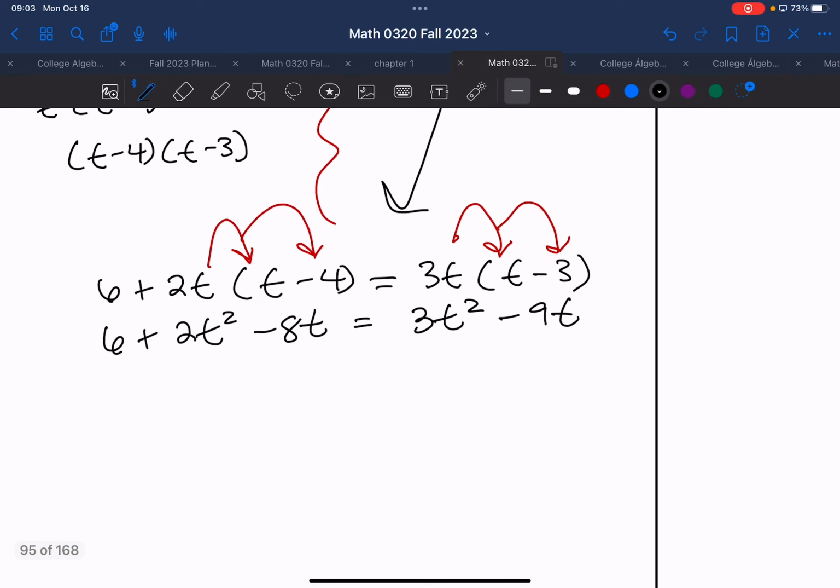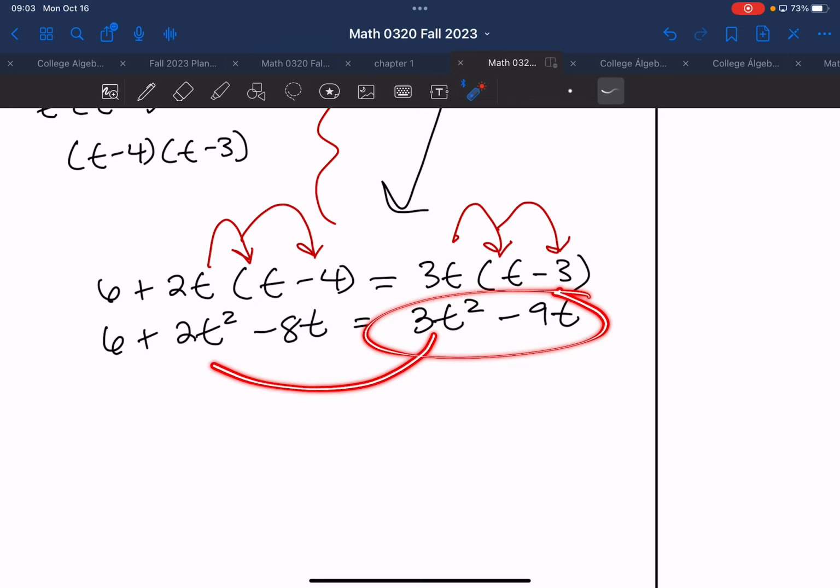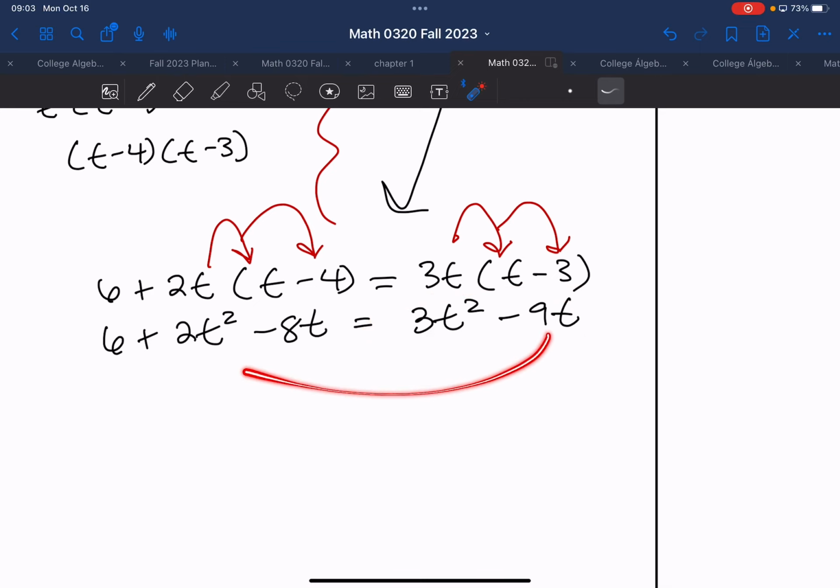So we want our right side equal to 0. So what are we going to do? We want this side equal to 0. Subtract 3t squared and add 9t. Good. We're going to subtract the 3t squared over, and then we're going to add the 9t over.